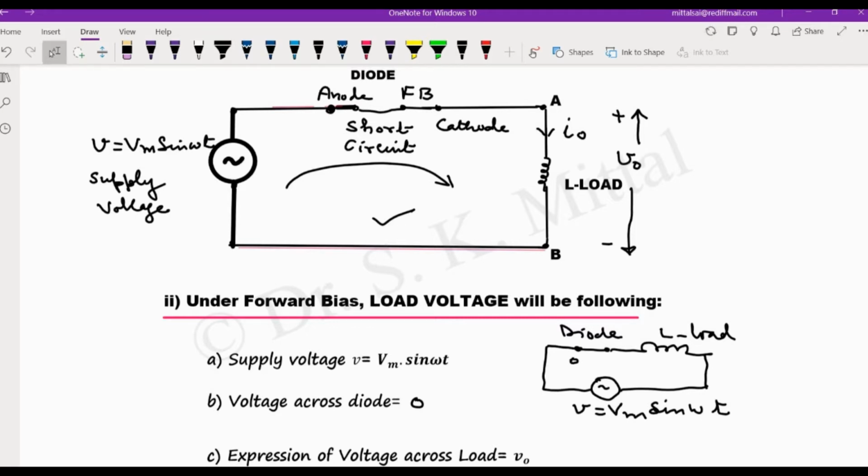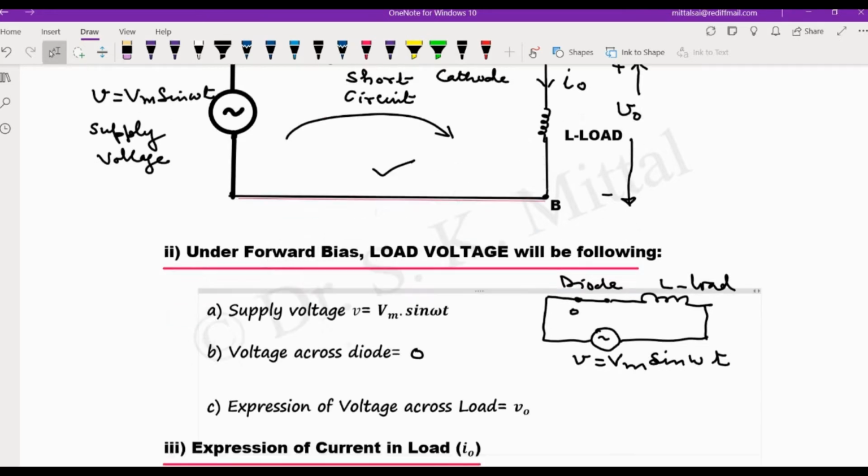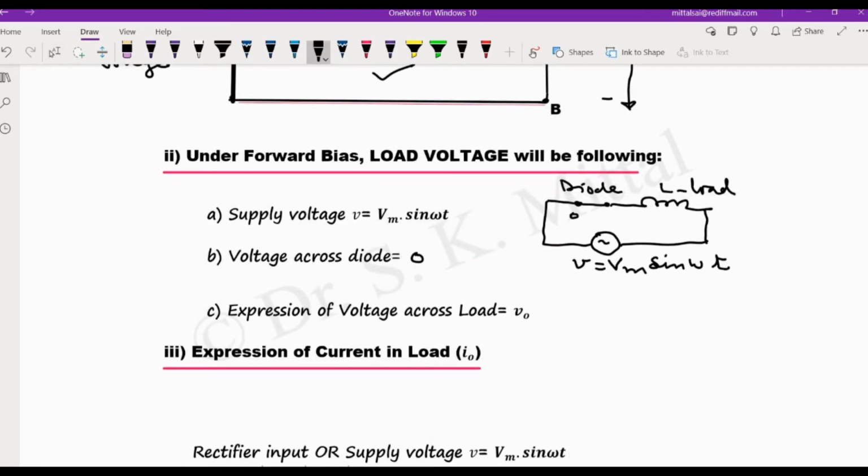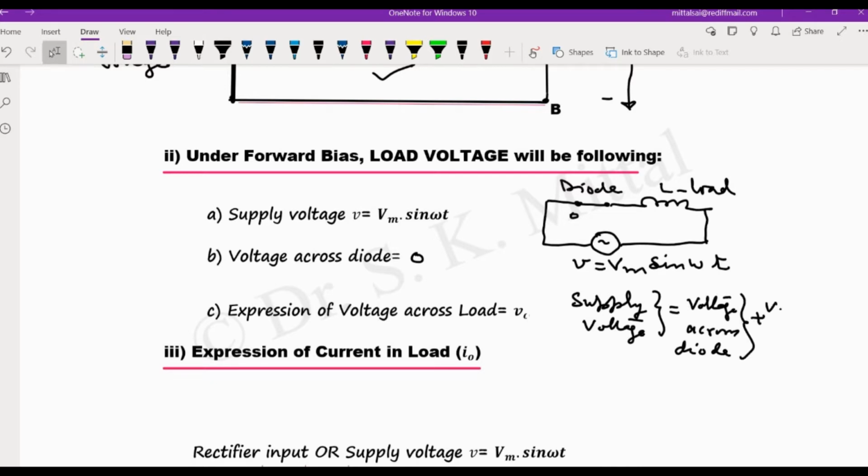Therefore, since the circuit is in series, we can say that supply voltage is equal to voltage across diode plus voltage across load.